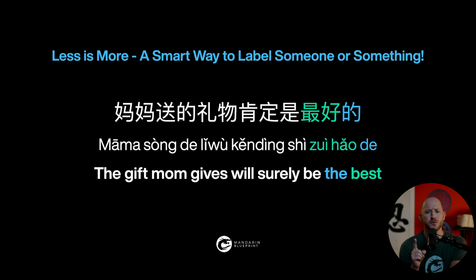妈妈送的礼物肯定是最好的. What's left out there? Well, 礼物, right? So 最好的礼物. You don't need to say it again because it's already been established. Now, you might be thinking, well, if they say it earlier in the sentence, is this really saving time? But you could be in a situation where the context is clearer. If all we have is a sentence on screen, then yeah, we're going to need to establish something so that we know what 最好的 refers to.